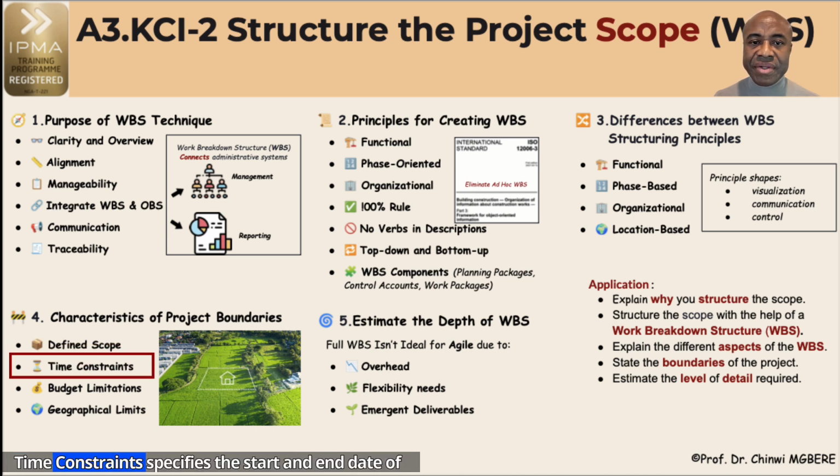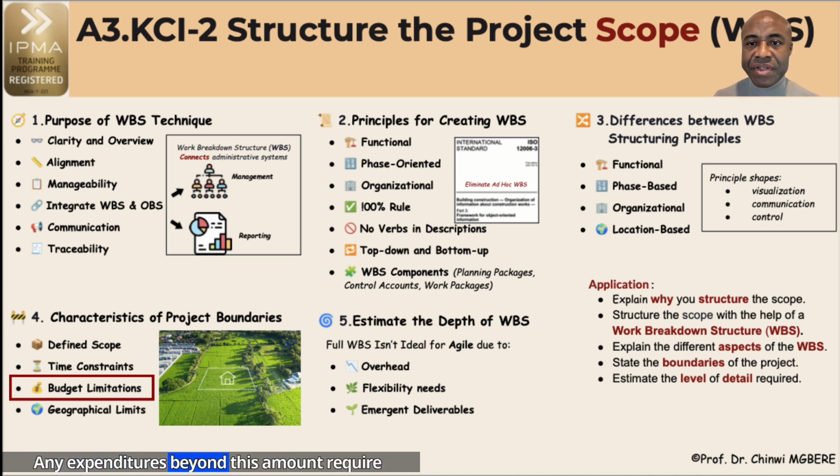Time constraints specifies the start and end dates of the project. It establishes a time frame within which work must be completed. Budget limitation sets financial boundaries for what can be spent. Ensures the project stays within approved cost limits. For example, approved budget of a particular amount.